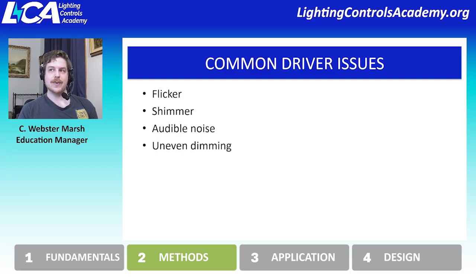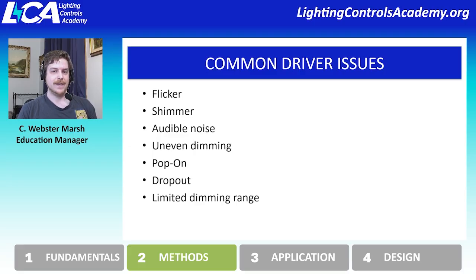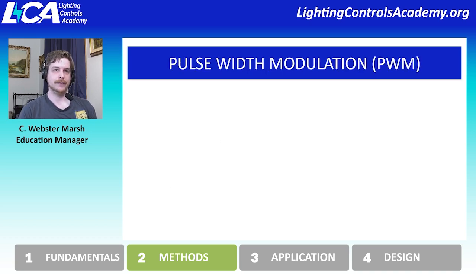Uneven dimming, so you might have one group dimming at one intensity value and another group, or you might see like a gradient. We see these unsavories like pop on or drop out, or we might have, again, that limited dimming range to really prevent it from being able to go too far down. But let's talk a little bit about how we get there.